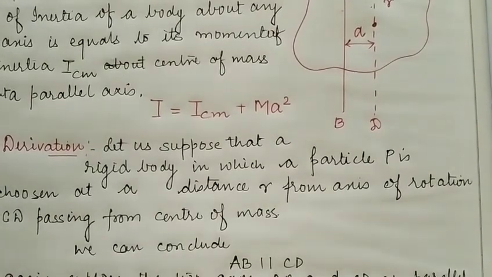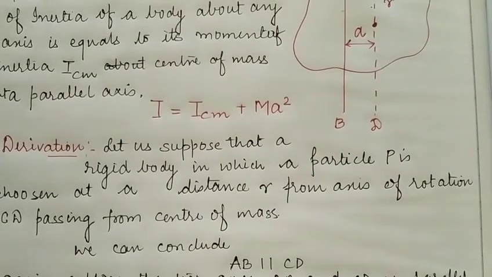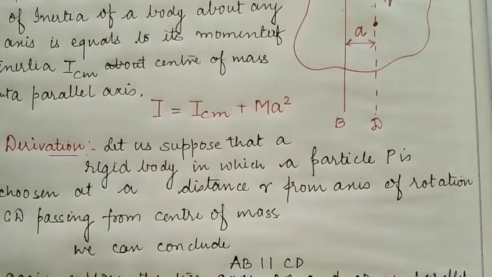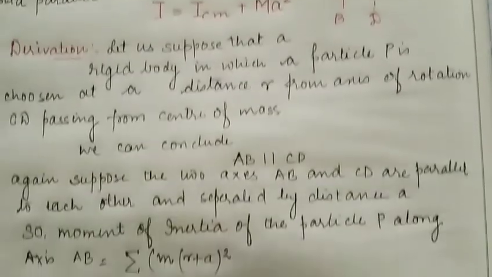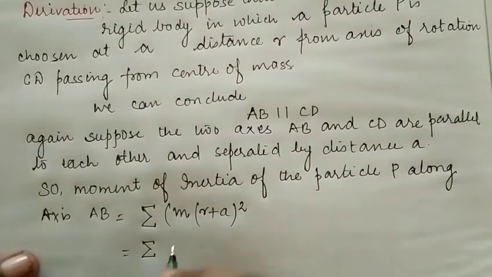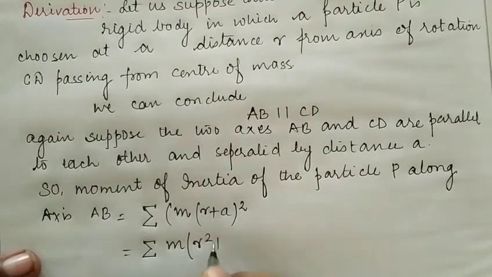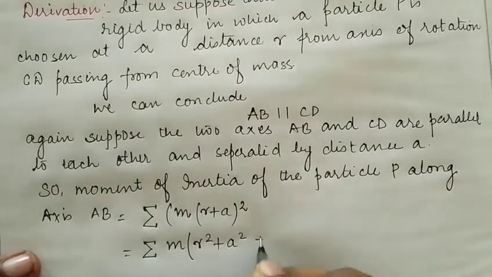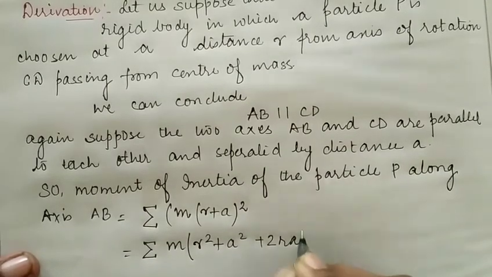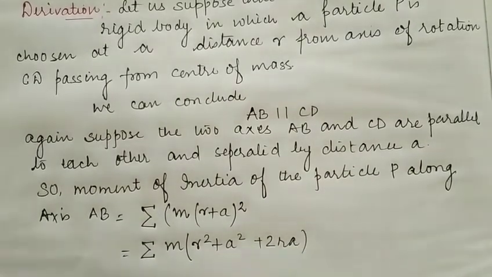Okay students, in this way we can also write a plus b whole square. So we can apply the square formula. That is m, open the bracket, r square plus a square plus 2ra.